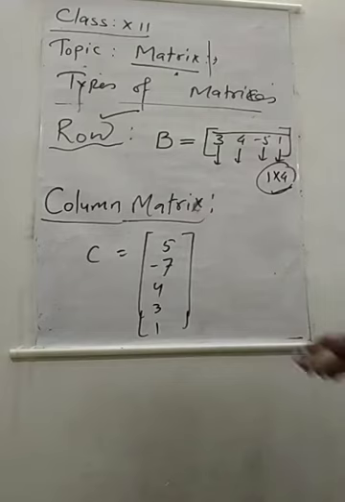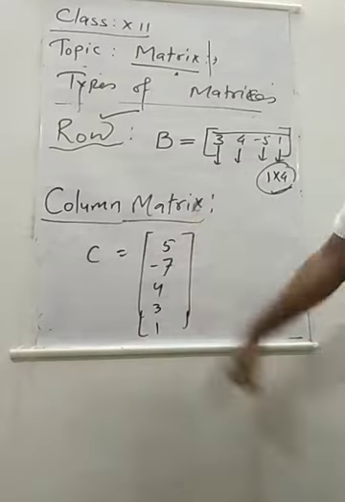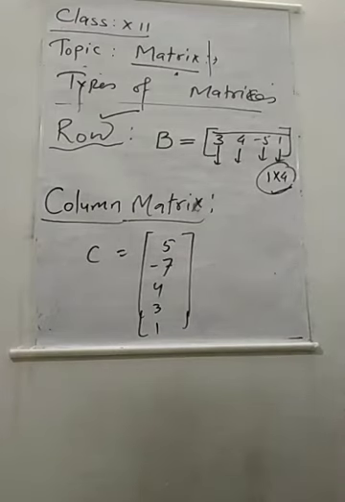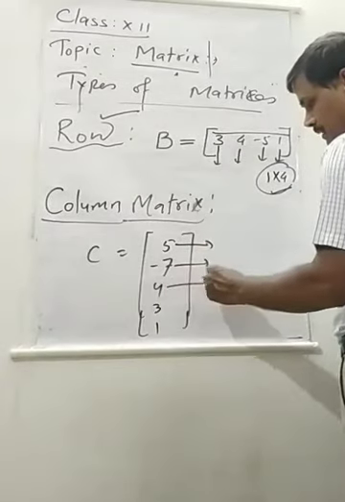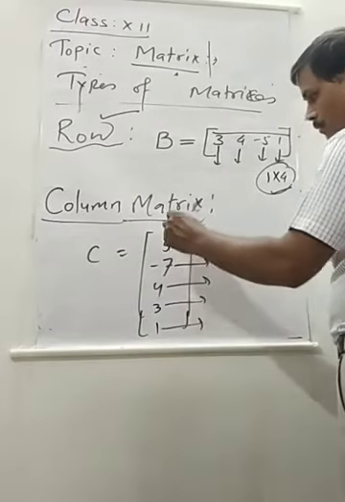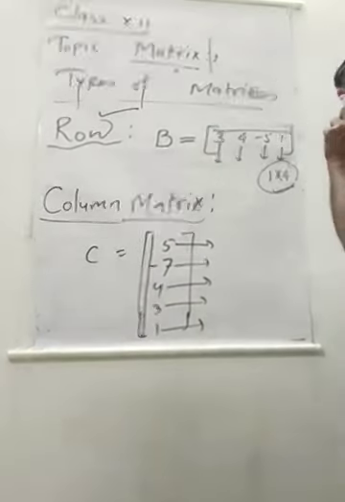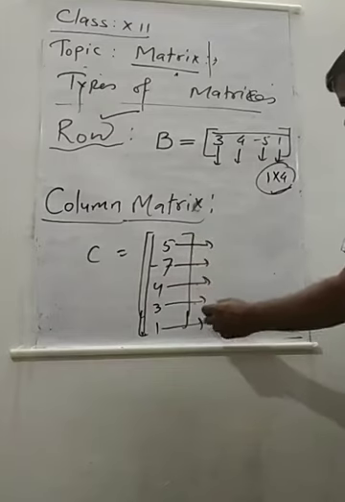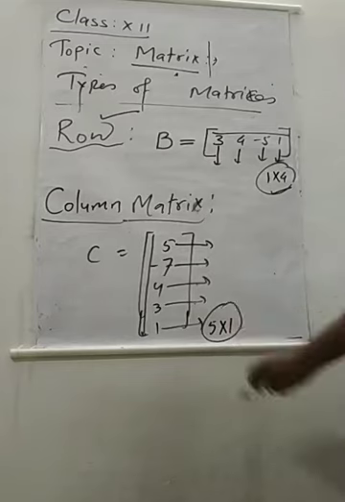What is the definition? In column matrix, there is only one column, whereas it might have any number of rows. Children, we can see that it has these many rows, whereas a single column. So number of rows are how many? 1, 2, 3, 4, 5 rows and a single column, one column.